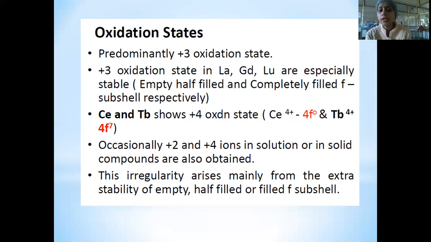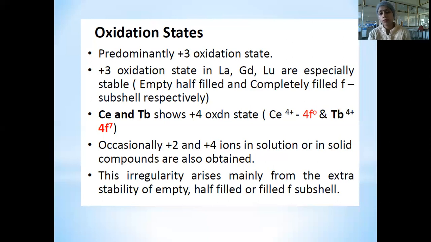Then occasionally +2 and +4 ions in solution or in solid compounds are also obtained. This irregularity arises mainly from the extra stability of an empty, half filled or fully filled f shell. Sometimes +2 and +4 are also found, like the example of cerium and terbium, where +4 is shown, whereas generally the +3 oxidation state prevails in the case of f-block elements.